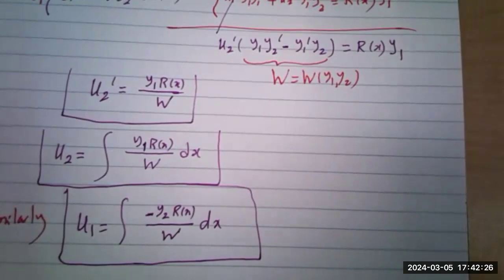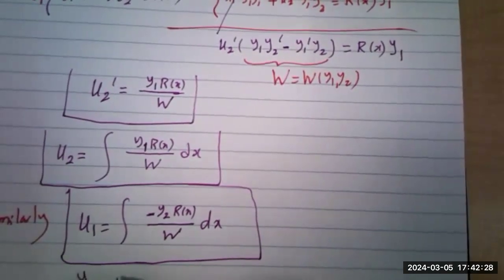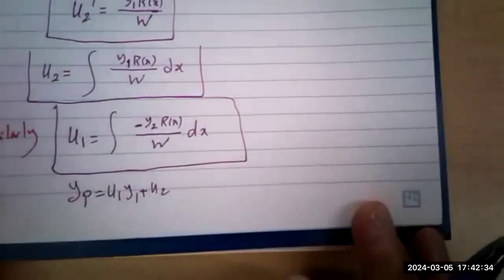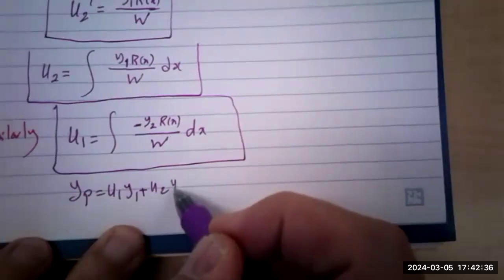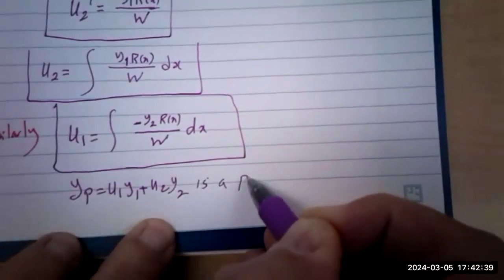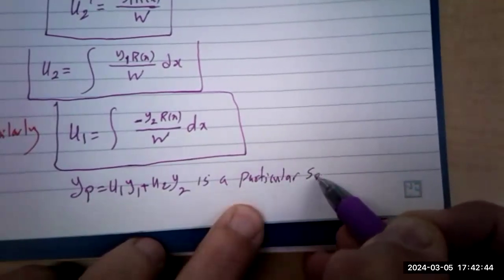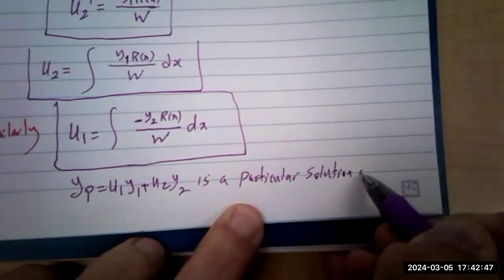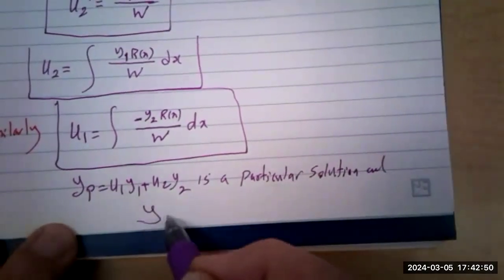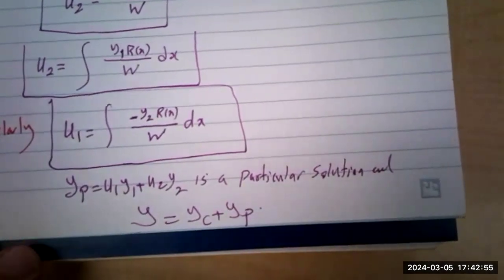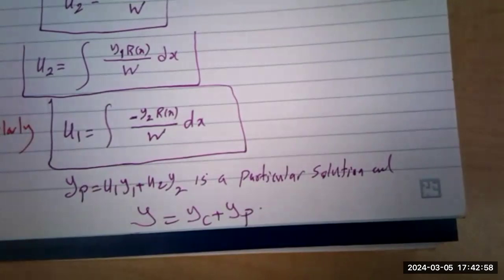So nicely we can write y_p equal to u1 y1 plus u2 y2, a particular solution. And of course, you know that y equal to yc plus yp is going to be your general solution. Get these numbers. It's a very nice method and easy to apply really.